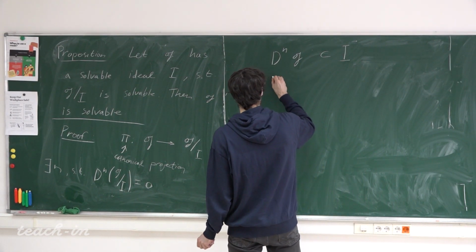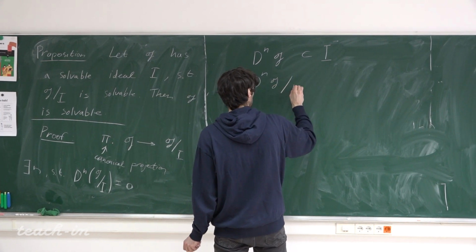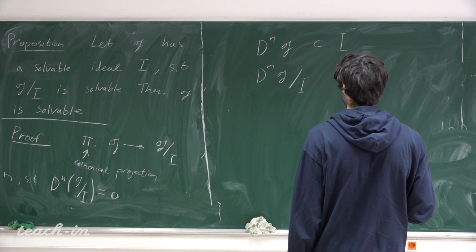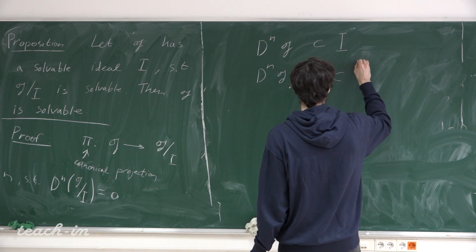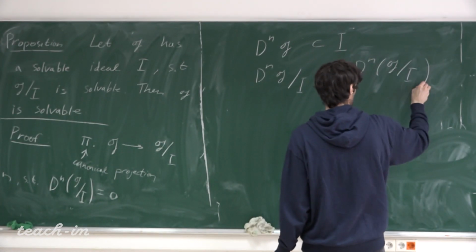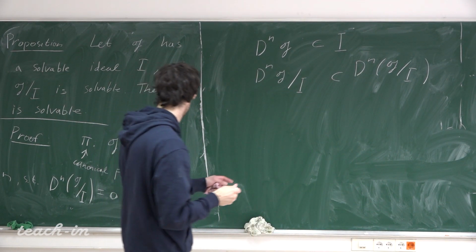Because if I quotient by I, then this will live inside d^n of G over I. But this one is 0.